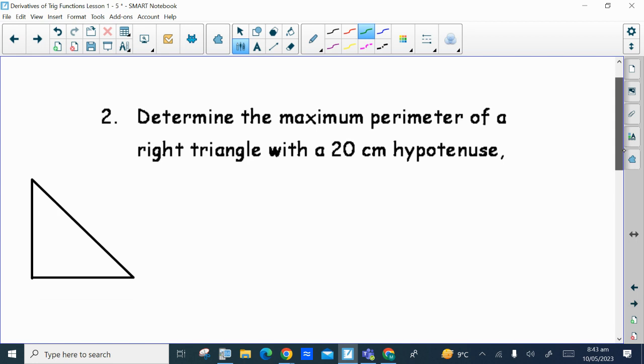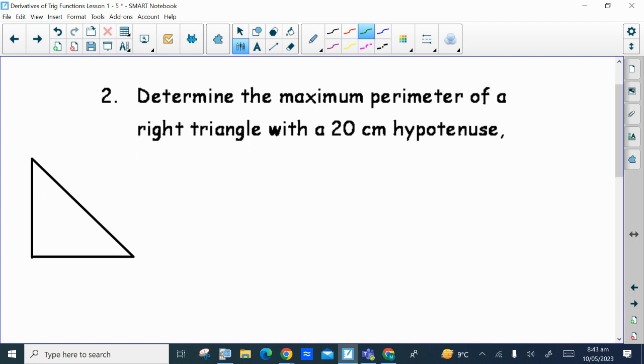And the only thing we're told is that the hypotenuse is 20 centimeters. That's all we're given. So initially, let's start with the other two sides being x and y. The problem, though, is that they are in terms of different variables. So we need to somehow write an expression for the perimeter in terms of only one variable.